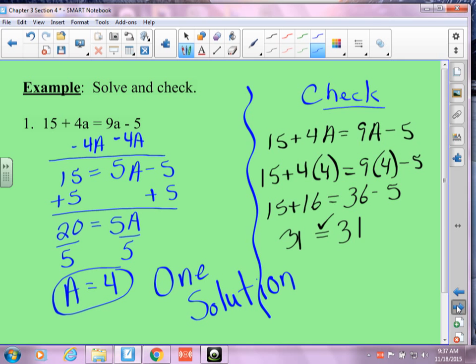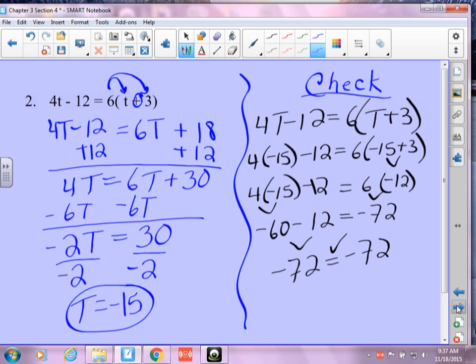Okay? Let's move on, because I'm sure a lot of you are like, this is just like yesterday's. Why are we doing this? How many numbers worked in this equation? 1. What number was it? Negative 15. So this is also a 1 solution, because negative 15 is the only number I could plug in here, and it would work.